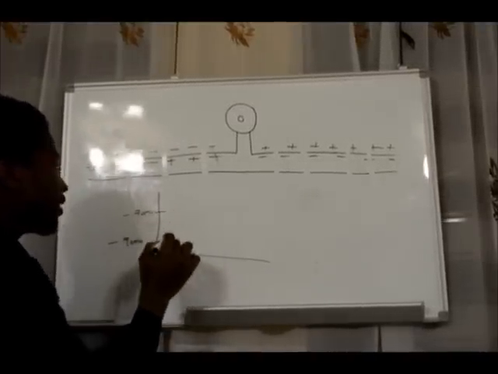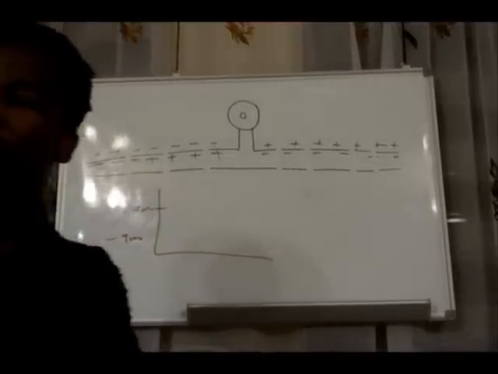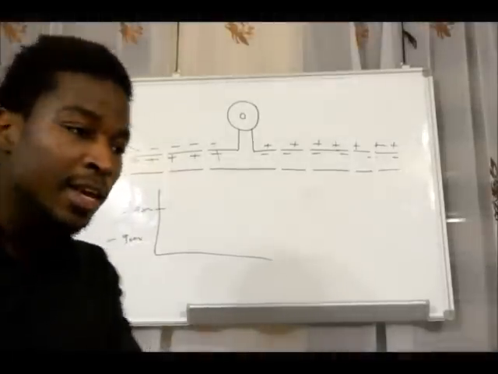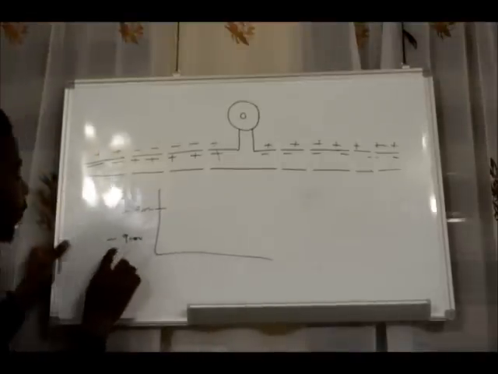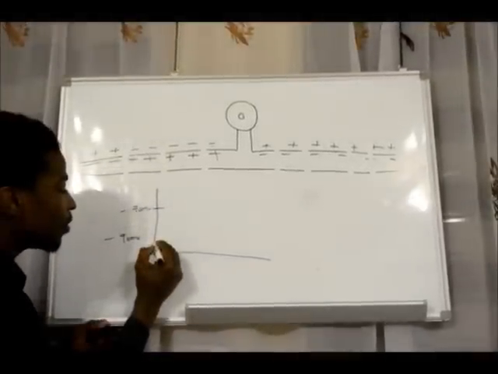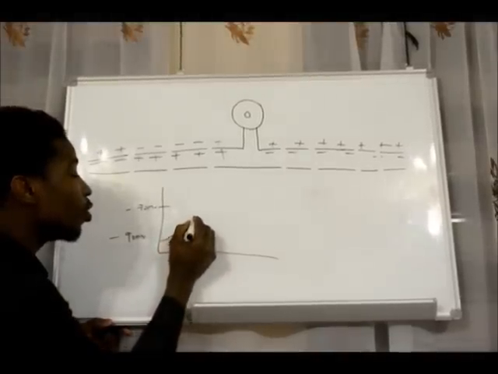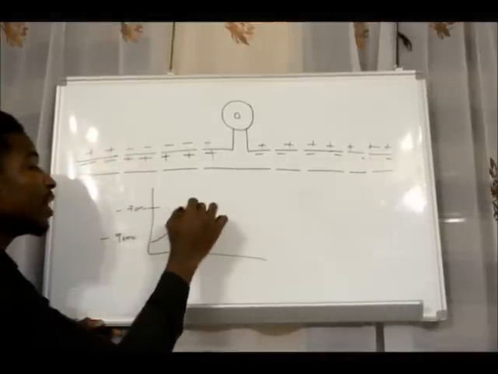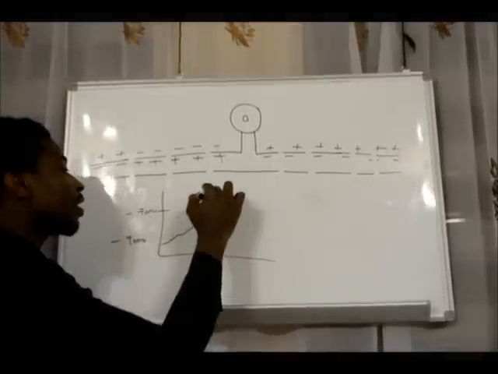Meaning that if the mechanical stimulus you cause on the skin triggers the influx of sodium ions, going from minus 90 to minus 70, that's more positive charges. If sodium ions keep entering, it keeps going little by little. Once it hits the threshold of minus 70 millivolts, an action potential is generated.